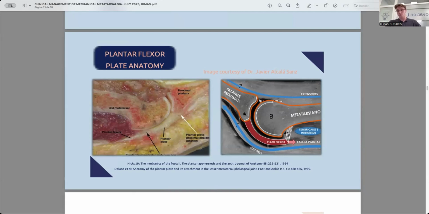So it's also exposed to compressive forces. This means the plantar plate doesn't just suffer from tensile stress caused by the fascial tension, but also from important compressive stress, which can reduce its thickness and make it a very vulnerable structure.